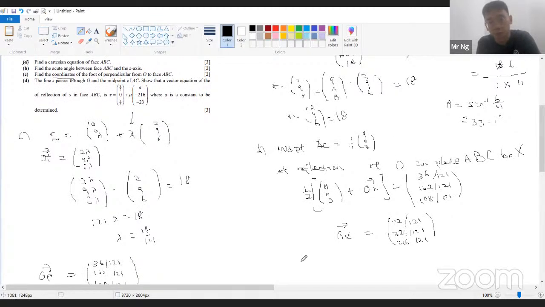So the direction vector, the reflection of O will be, which one are we going to use? Yeah, we use 9/2, 0, 3/2, and then plus mu times 9/2 minus 72 over 121, 1/2 minus 324 over 121. Sorry, 0/2.